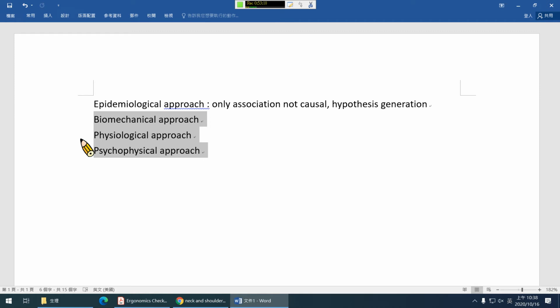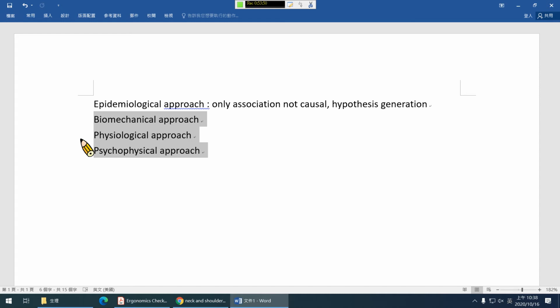If all these four show the same thing: in hospital you can see these people getting ill, getting problems. In biomechanics, you show the force is very high because of this job. In the physiological approach, you show that you're making this person very tired.